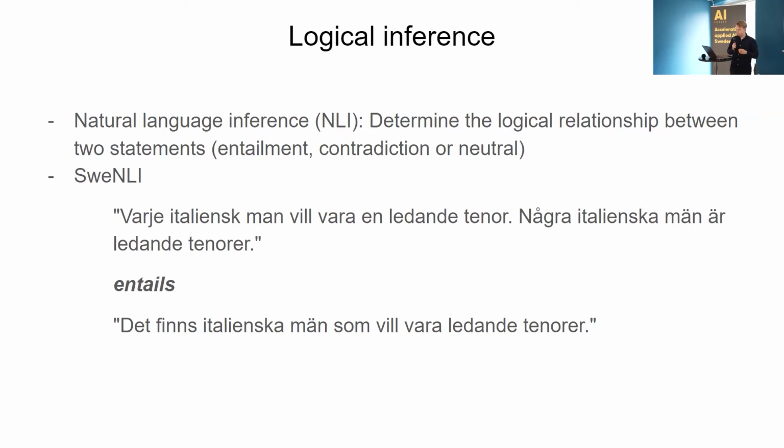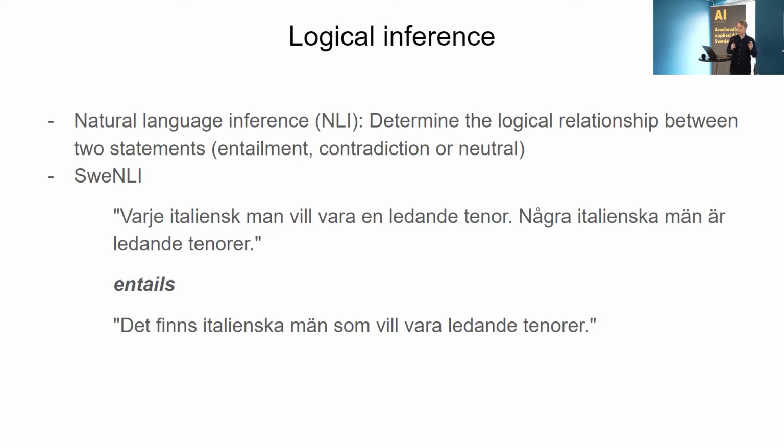So then we have the logical inference tasks, which is also called natural language inference in NLP, where the task is to determine the logical relationship between 2 statements, a premise and a hypothesis. You would label this as either an entailment, contradiction, or neutral.